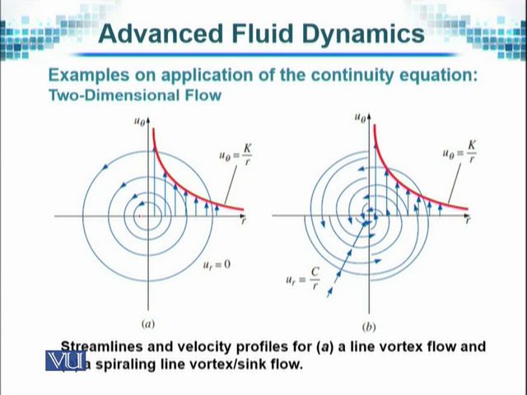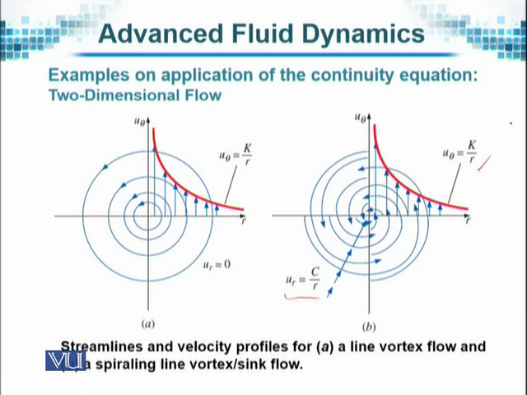You can see the motion is quite circular in its geometrical demonstration, and they are all circles about the origin. If f is equal to some absolute constant, then in that case ur will have some value c over r, and u theta is equal to k over r. If we give some values to it and draw it, what we get is a spiraling line vortex, or what we call sink flow.